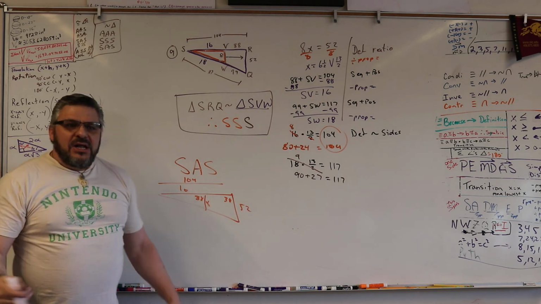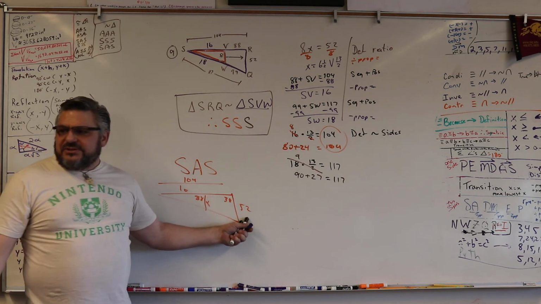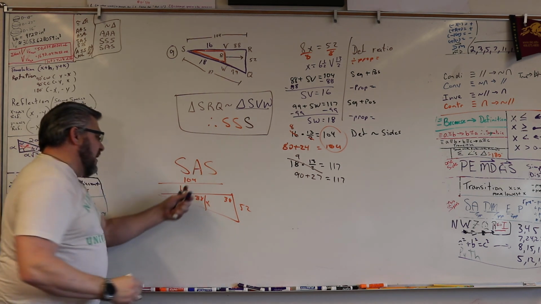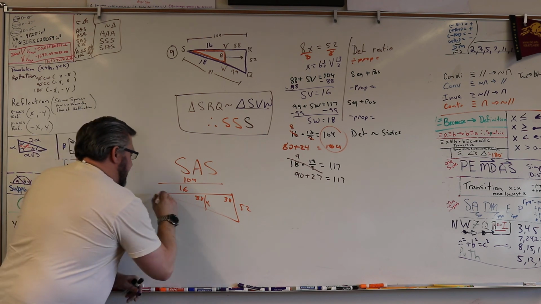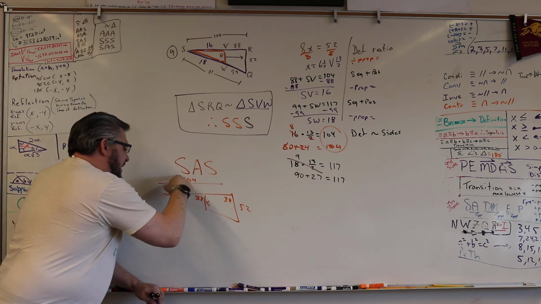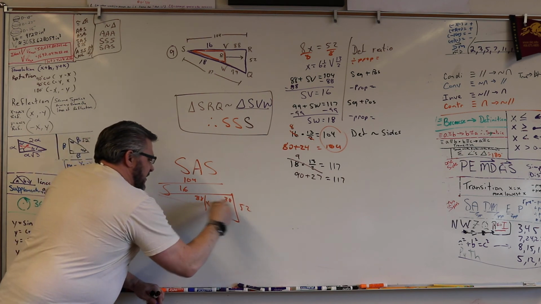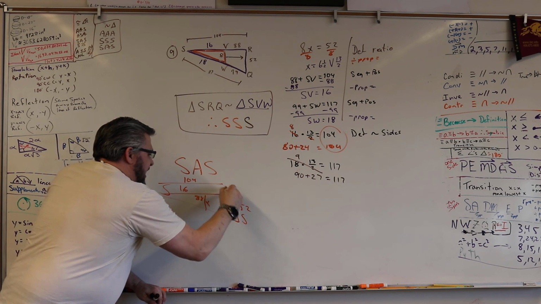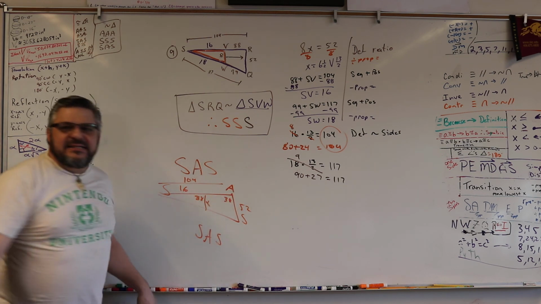So the same number times 8 is 52. The same number times 16 is 104. So I know that this side is proportionate to that side, and that side is proportionate to that side, and these angles are the same. So in that case, it would be SAS.